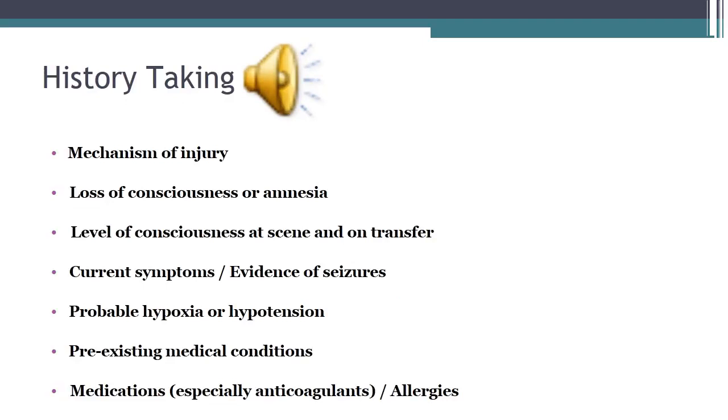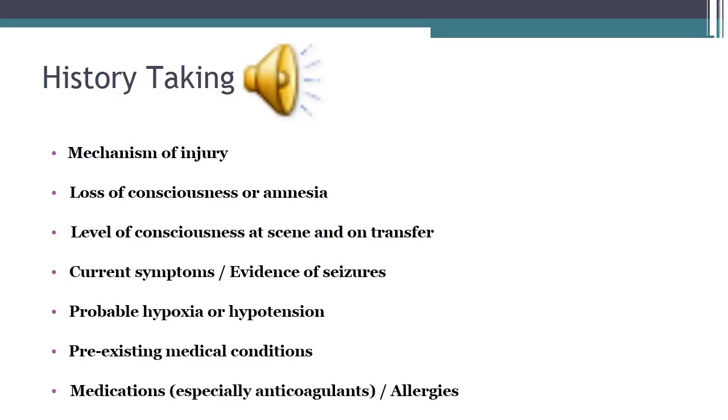In history taking, it is very important to know the mechanism of injury and whether there is loss of consciousness or amnesia. Also the level of consciousness at the time of the accident and during transfer, any evidence of seizure, and the current symptoms.